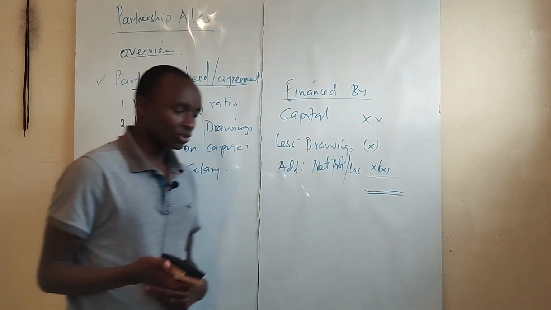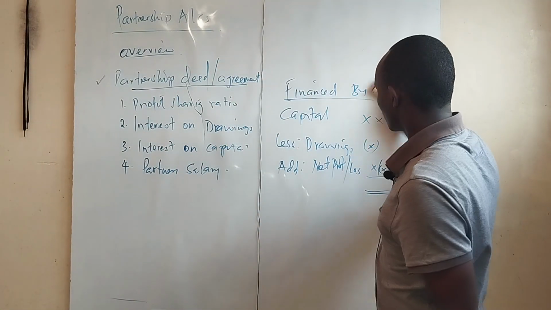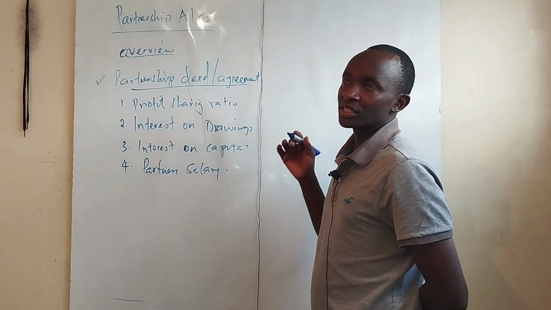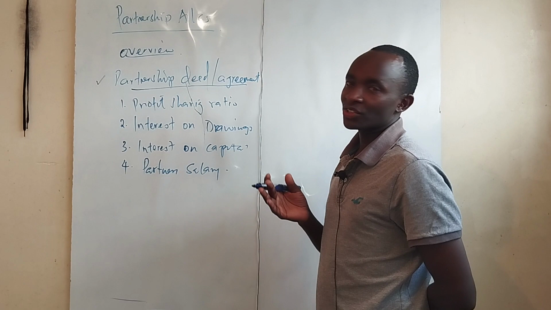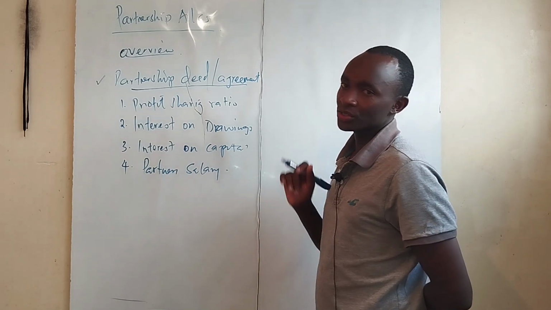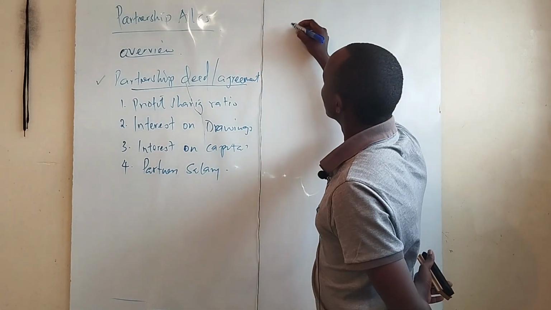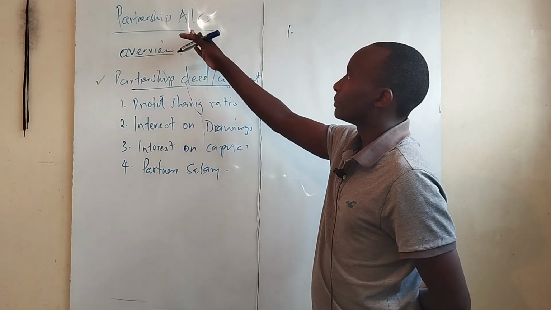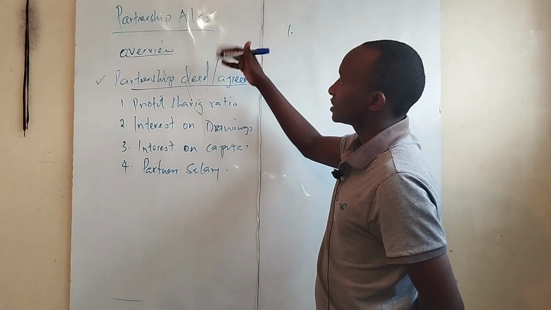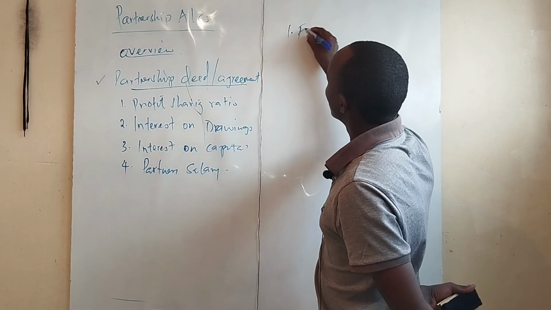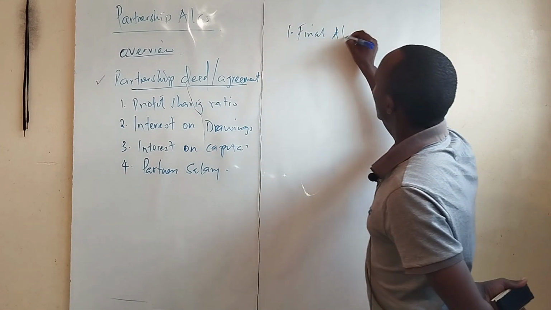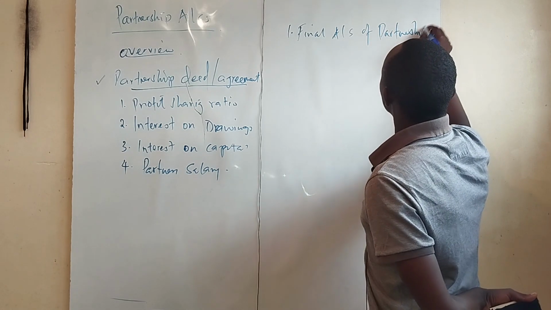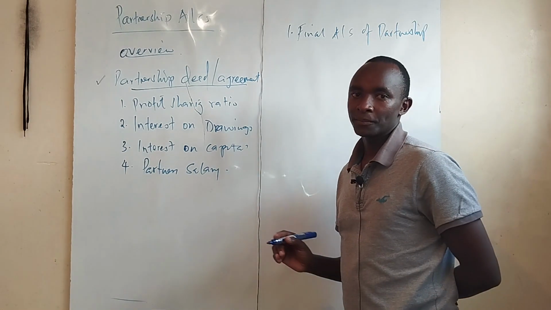Again, I want us to look at something else because we are still on overview. At the end of the financial period, the partnership business normally prepares the final accounts, just like the way the sole trader does. So other things that we will look at in these partnership accounts and its arrangements are the final accounts of partnership.